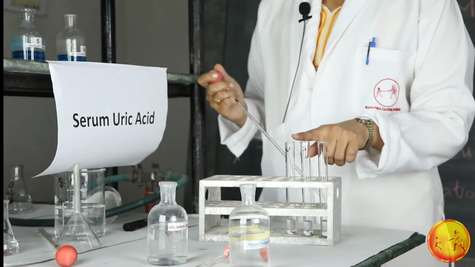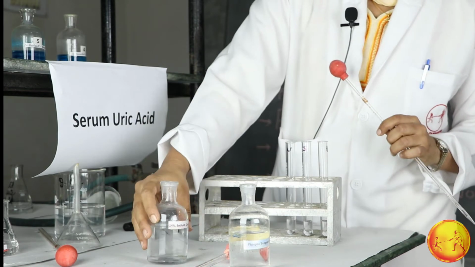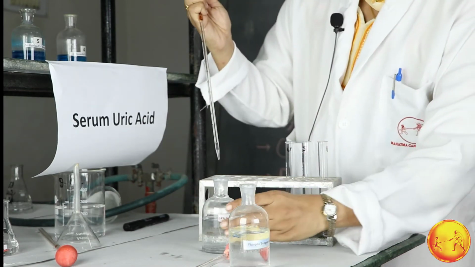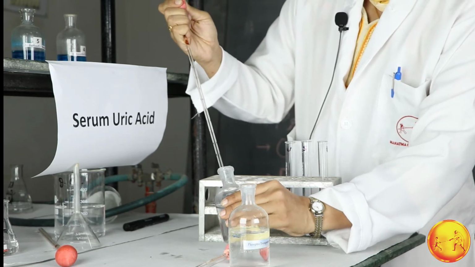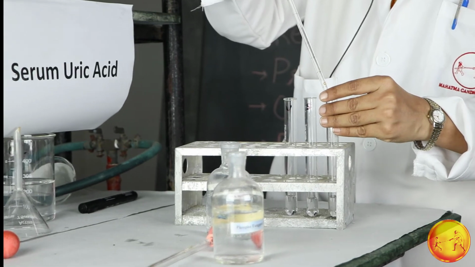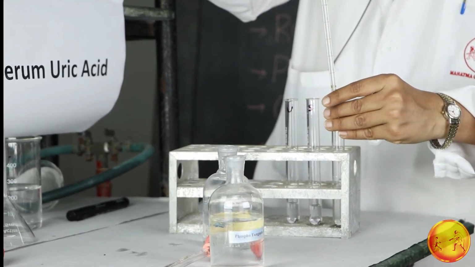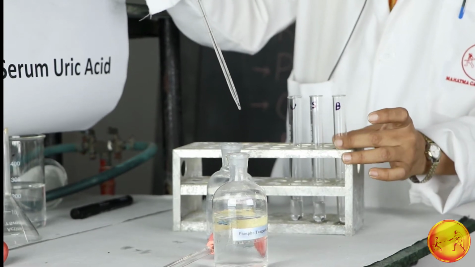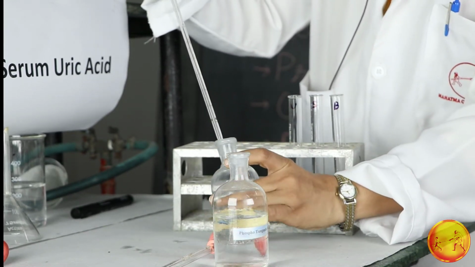Now in these 3 test tubes, first we are going to add 14% sodium carbonate, 1 ml in each of the test tubes. So we have put sodium carbonate 14% in the blank test tube.